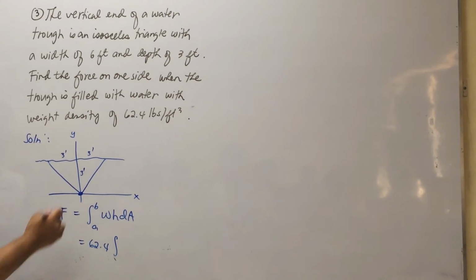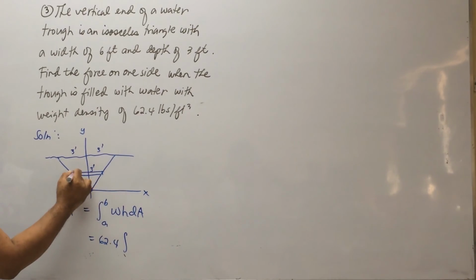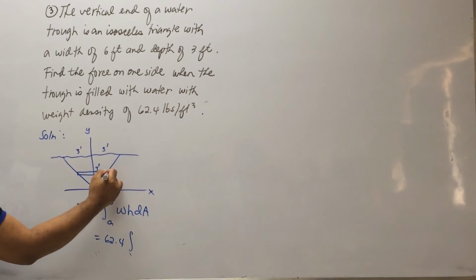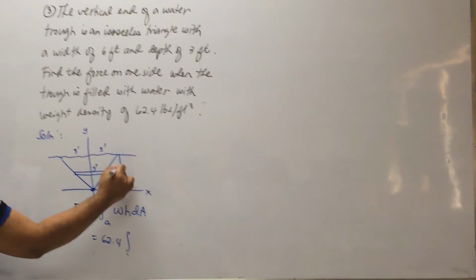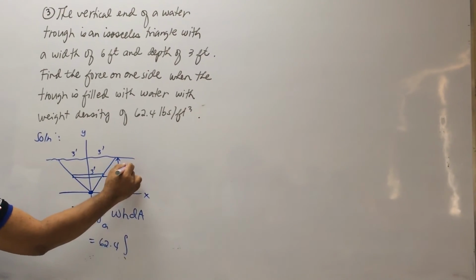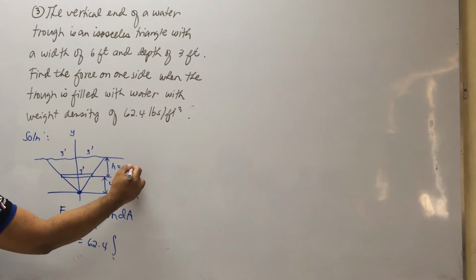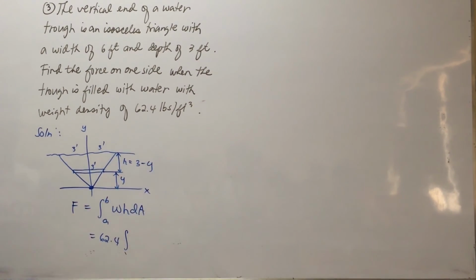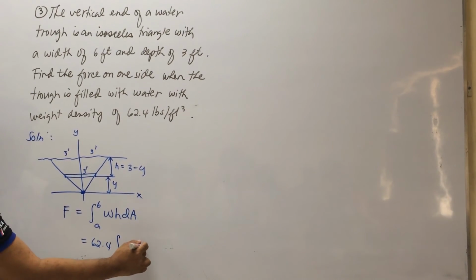Let us draw a strip here, which is a horizontal strip. If we represent this as y, and we represent this as h, h will be the total length, which is 3 minus y. So that is now the h, 3 minus y.